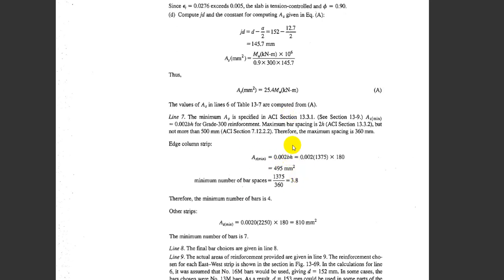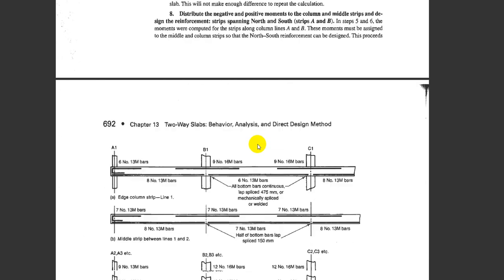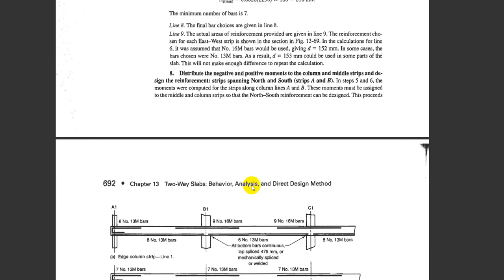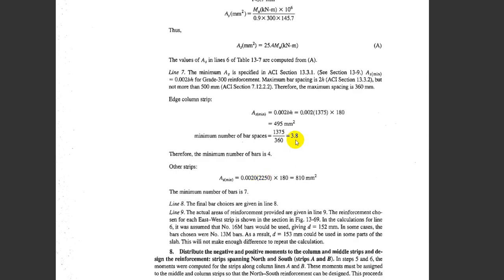But in any cases, your rebar that you calculate based on the moment is a lot greater than this. So how many? We need 12 rebars, right? So 12 rebars is significantly greater than 4, which is required based on the maximum rebar space. Okay.